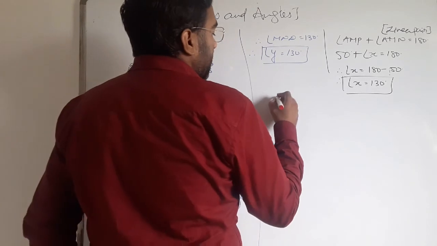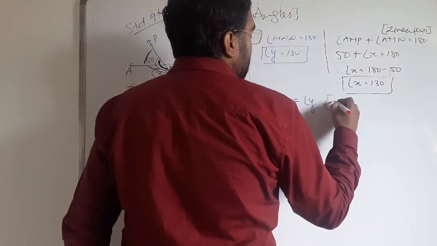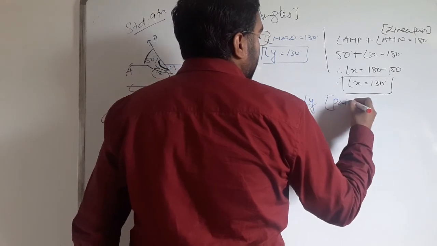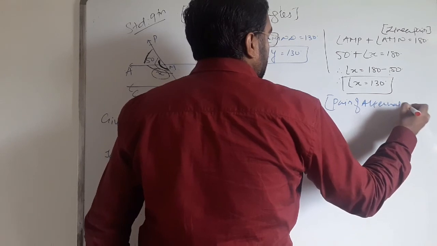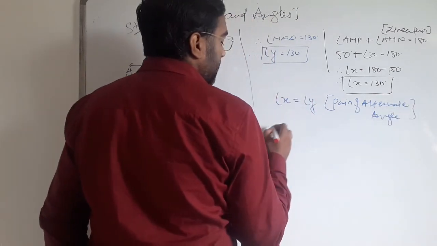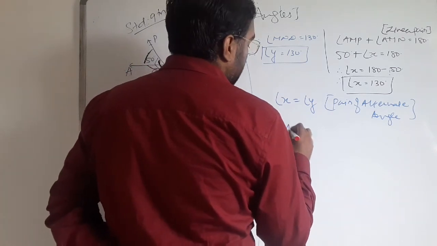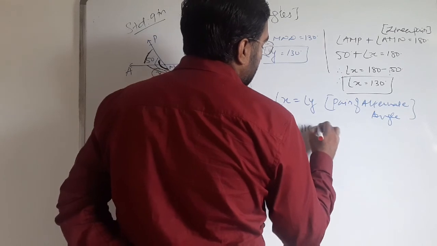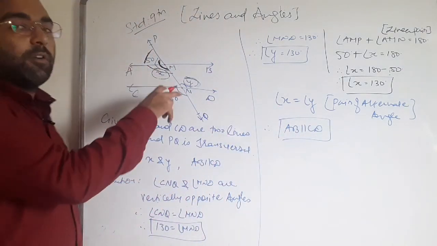Here we have to say angle X is equal to angle Y because they make a pair of alternate angles. So therefore AB is parallel to CD. Here a pair of alternate angles is formed.